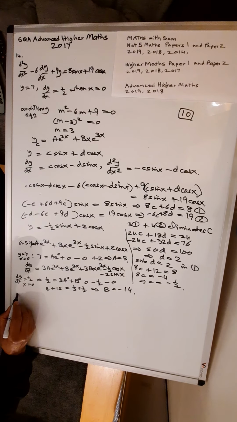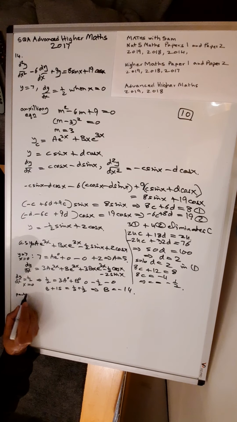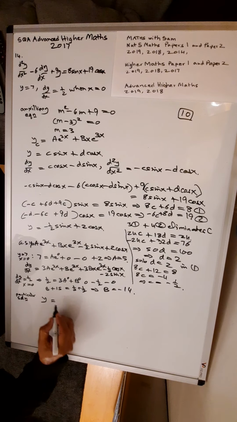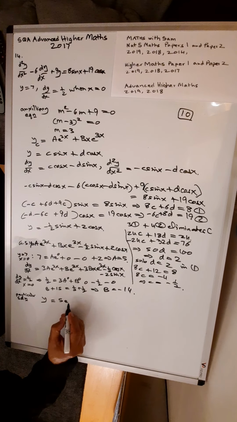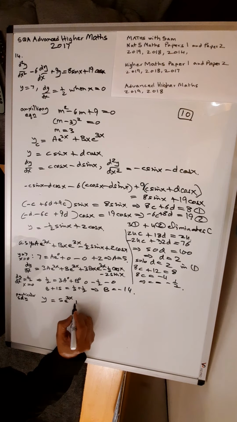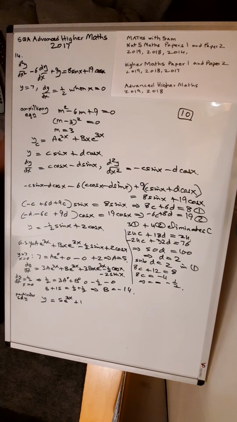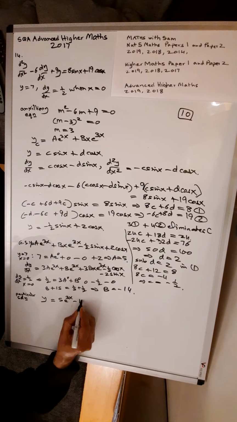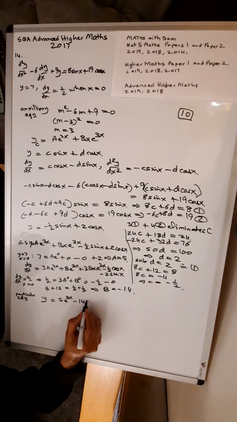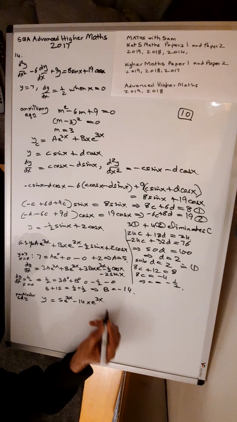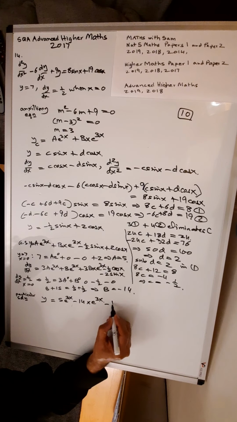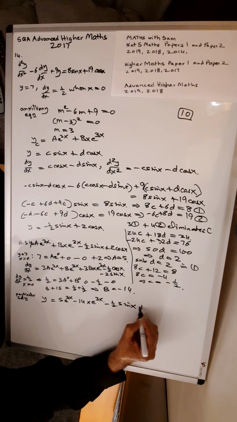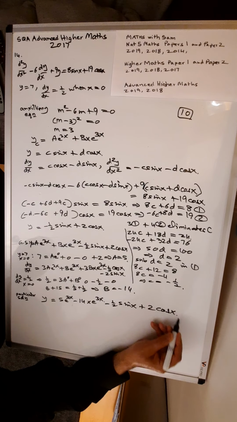So your particular solution is y is equal to 5e to the 3x, b is minus 14, so minus 14x e to the 3x, and then you got your minus a half sin x plus 2 cos x. So that's your final solution, and that's for 10 marks.